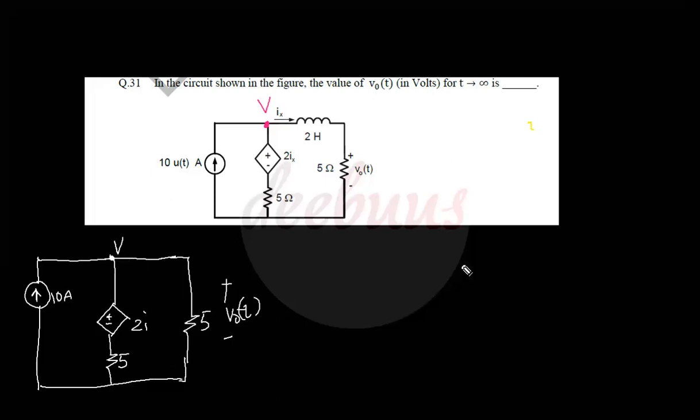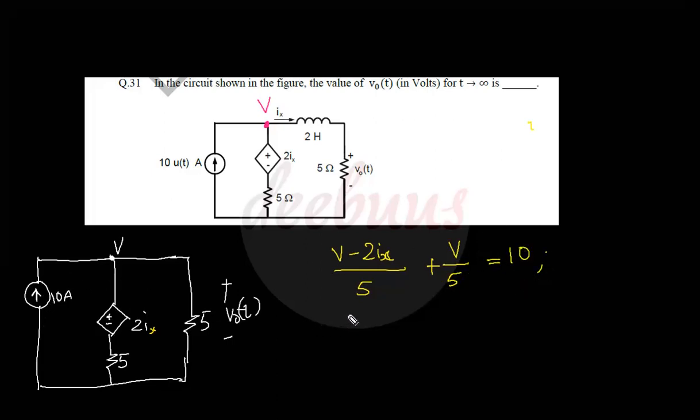Now I am writing node equation at this node, V minus 2Ix by 5, right, plus V by 5, and a 10 ampere current source is entering the node. So moving to right hand side equal to 10.